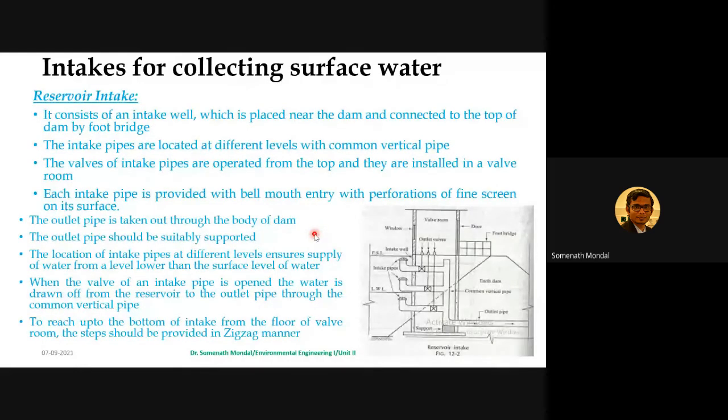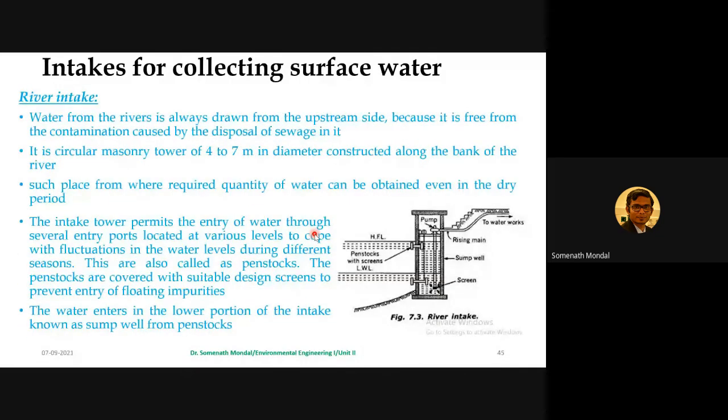So when the valve of an intake pipe is opened, the water is drawn off from the reservoir to the outlet pipe through the common vertical pipe, and we need to provide the steps to reach the bottom, and thereby we can access and maintain this type of reservoir intake whenever it is required. By this, I'll now move to the river intake.